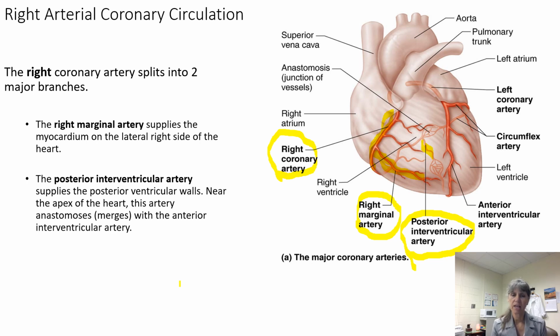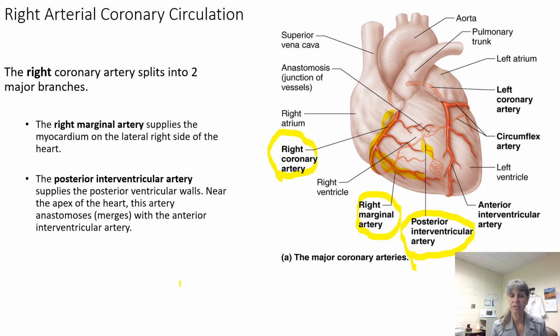ventricles, and it's also found near the apex of the heart where it anastomoses or merges with the anterior interventricular artery.